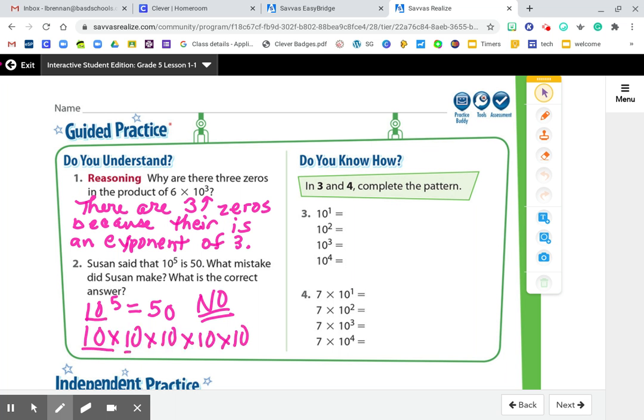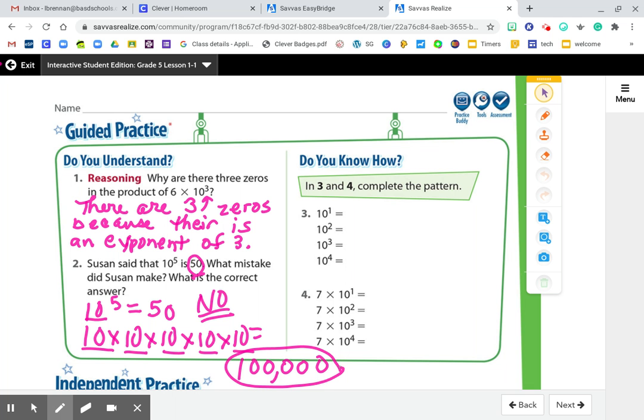The base number is the value that's repeating 5 times, and we always use multiplication. And you can use that little cheater thing when we're doing base 10 and say, I'm going to have a 1 with 5 zeros. Don't forget to put your comma in. So 50 and 100,000 are very different values, so don't make that mistake.